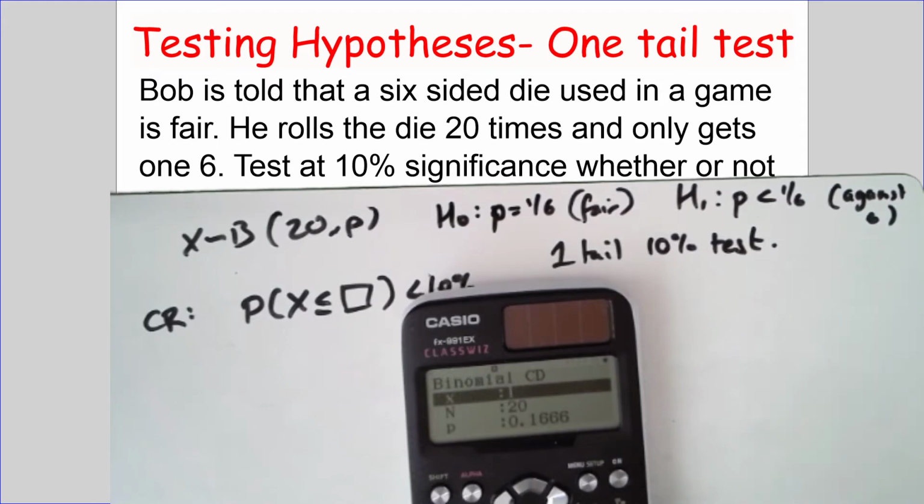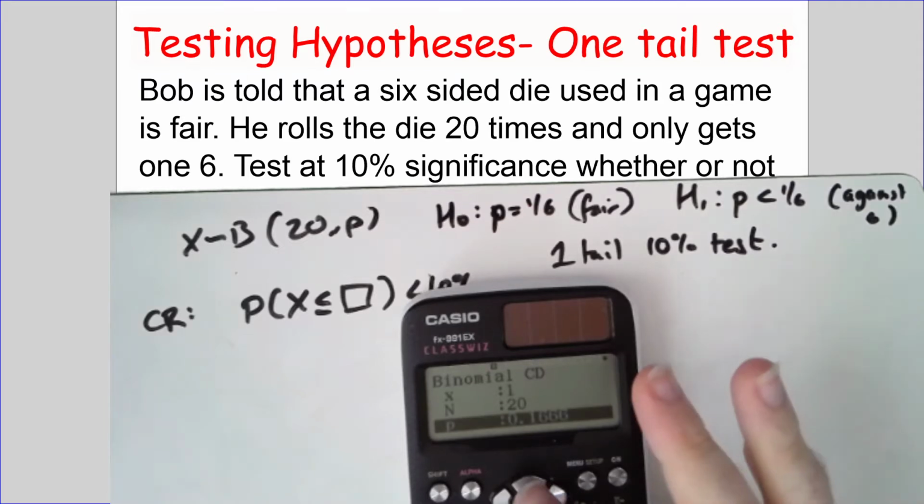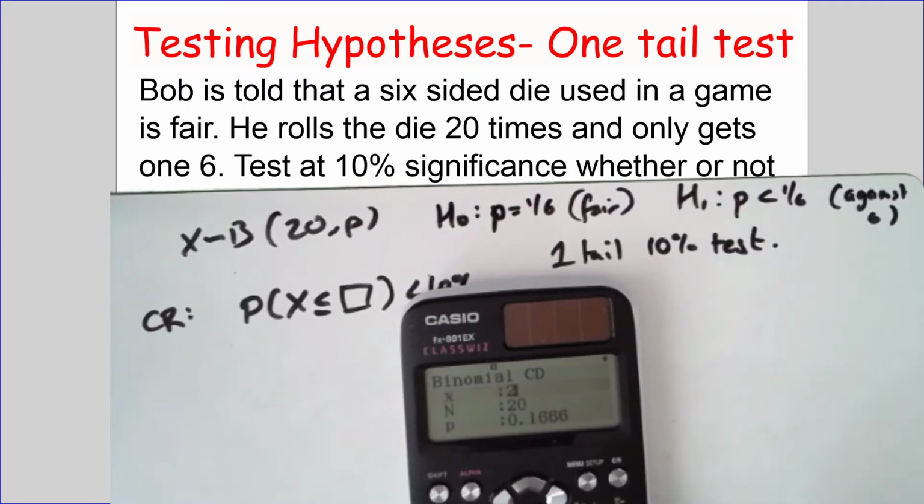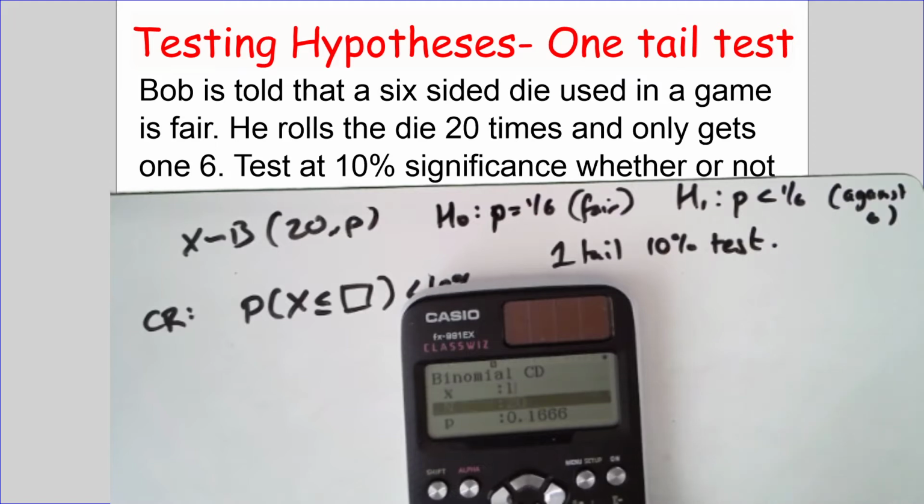Variable, so we've got n is 20. My probability in here is my 1 over 6. Let's try 2. So two or fewer 6s, that's like 32%. Let's try 1. That's like 13%. Let's try no 6s. That's 2.6%.